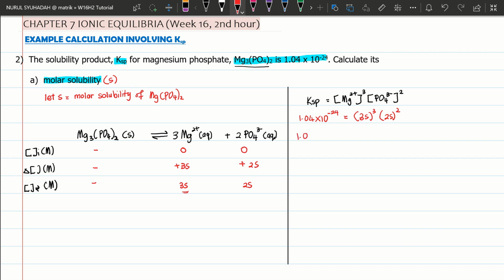So 1.04 darab 10 kuasa negatif 24. So please do it step by step. Tulis. Okay, I know you are more than capable untuk calculate. You are very good at calculating mathematical terms. Okay, but just to make sure that your steps are correct, and then kalau katakan ada kesalahan, awak boleh retrace balik kesalahan tu dekat mana.